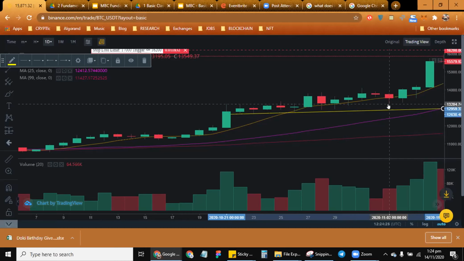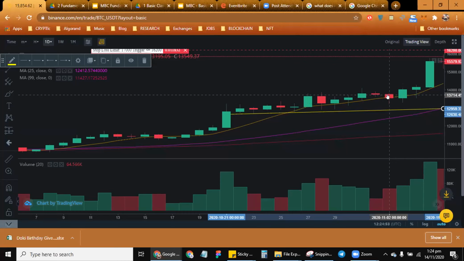On the 2nd of November, it means that BTC opened the day at this, like this is a bearish candle. I'm going to start from the top. It means that BTC opened the day at 13,827 and it closed that day at 13,204. It means that this day was a sell day. I don't know if you remember when I said red means sell and green means buy.